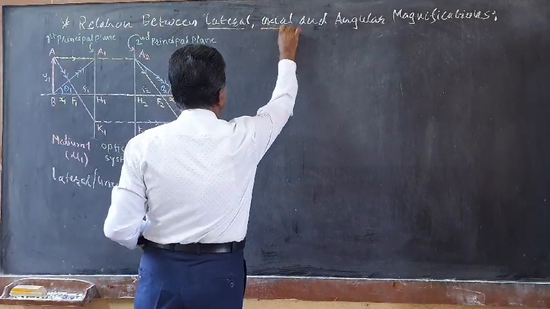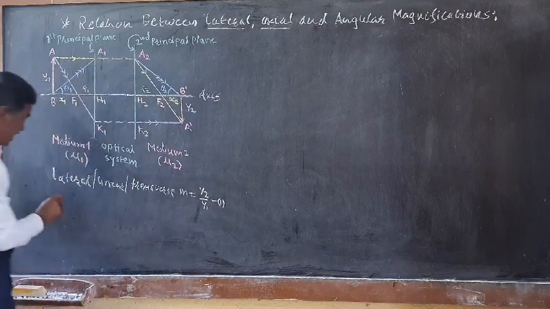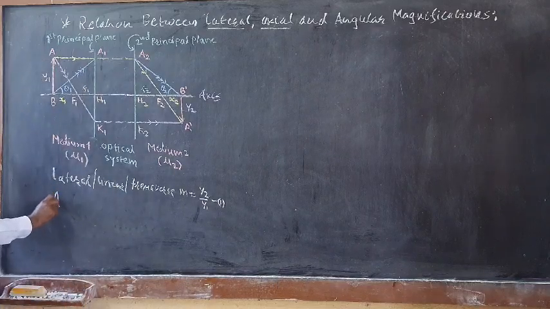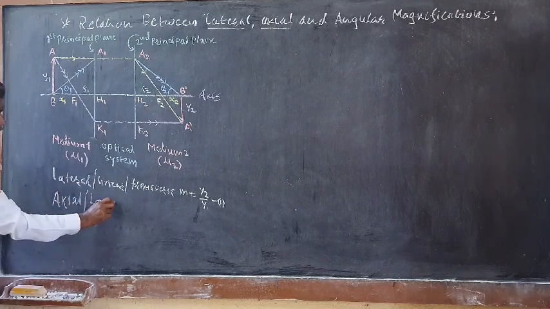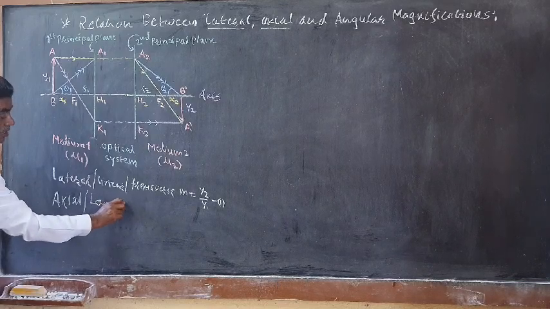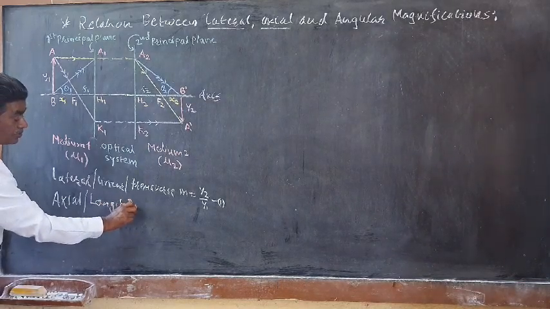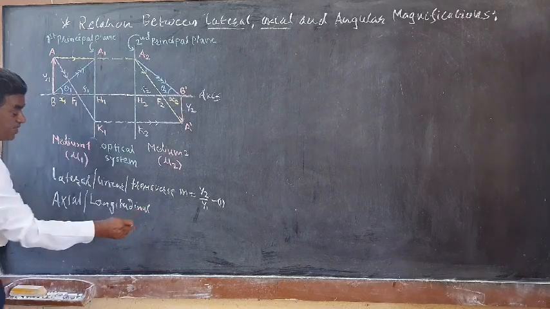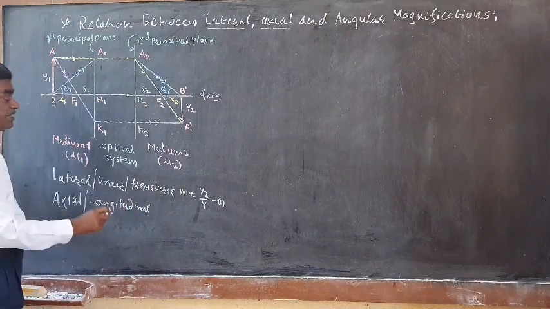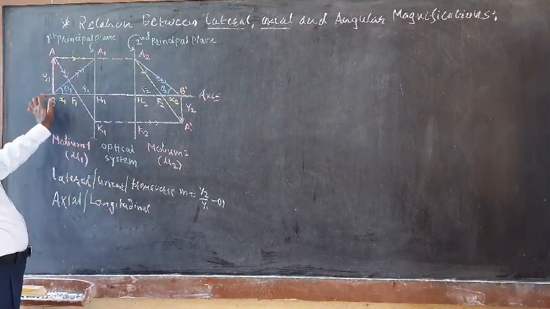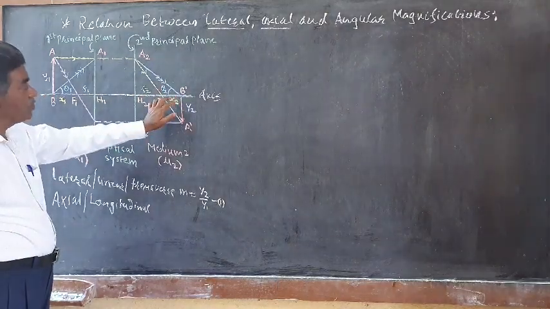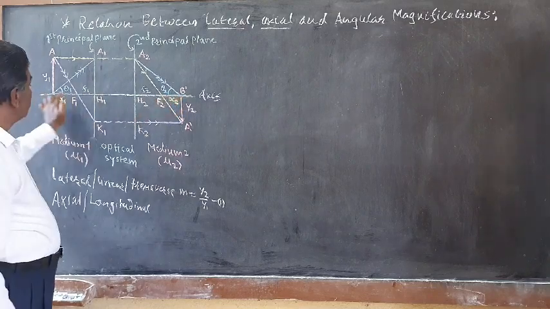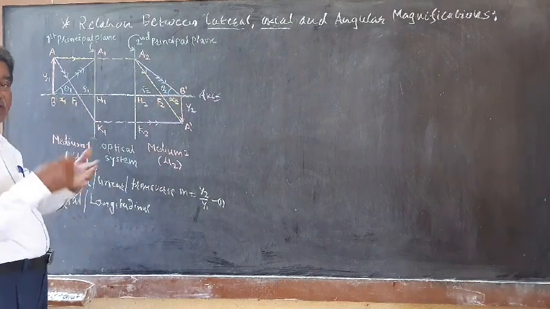Similarly, axial magnification is also called longitudinal magnification. It is related to the ratio of the extension of the image to the extension of the object on the x-axis.